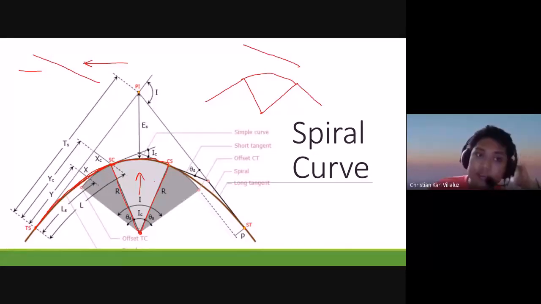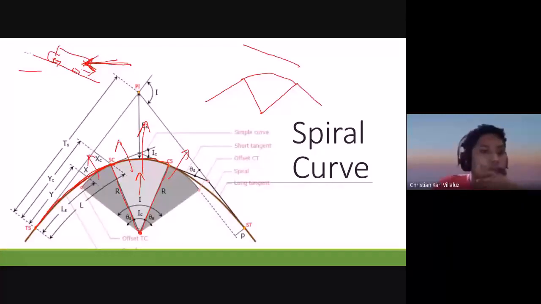So kung liliko yung kotse, there is a tendency na ang force na meron dun sa sasakyan natin ay ma-push siya papunta sa labas ng roadway or tumilapon siya ganyang direction, okay? So kung hindi tayo mag-introduce ng super elevation, pwedeng mag-overturn yung ating sasakyan. So yun yung purpose ng pagdi-design ng super elevation ng road.